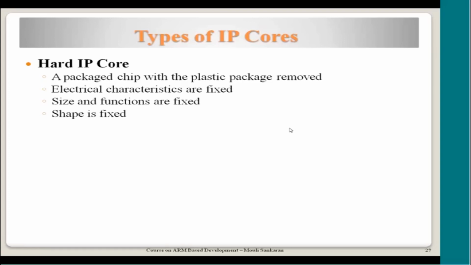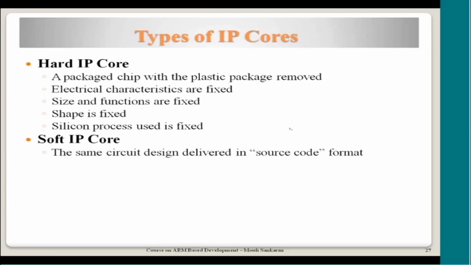The shape, meaning the size in square millimeters, is also fixed, and the silicon process, like 90 nanometer or 45 nanometer, is also fixed. So the company which buys the hard IP core needs to follow a similar technology to build a chip around it.